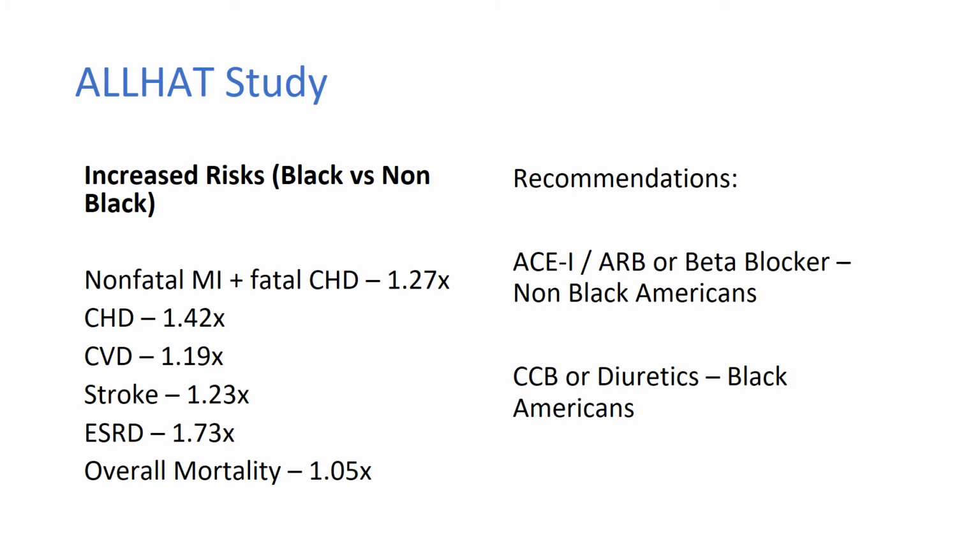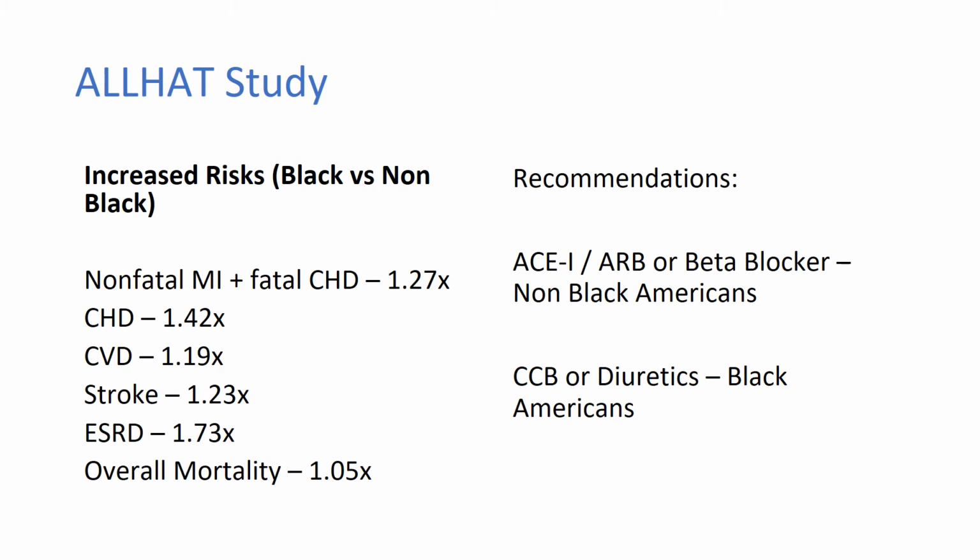ACE inhibitors, ARBs, and beta blockers were recommended for non-Black Americans, but Black Americans were recommended to have calcium channel blockers or diuretics. And so this has been known as the ABCDs.